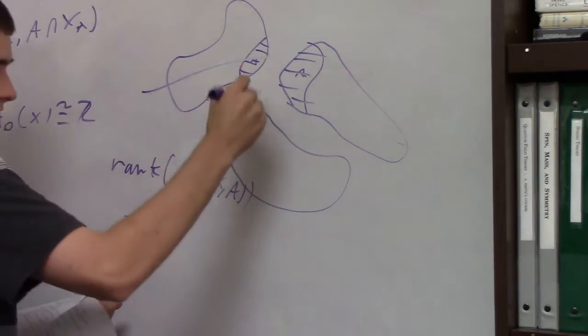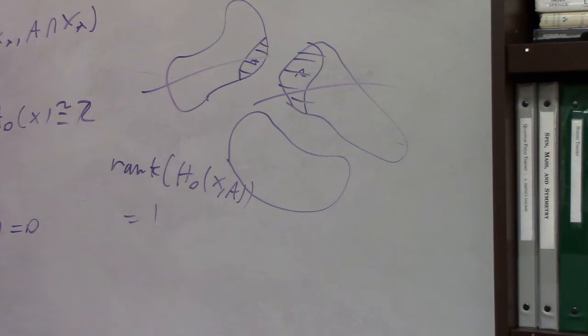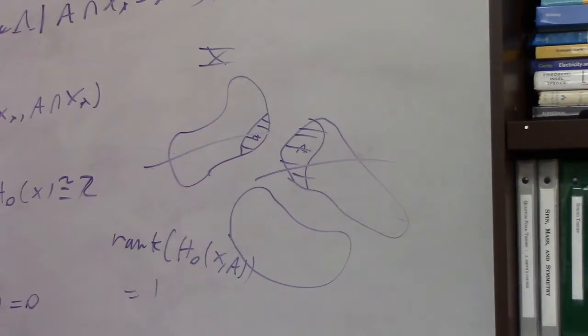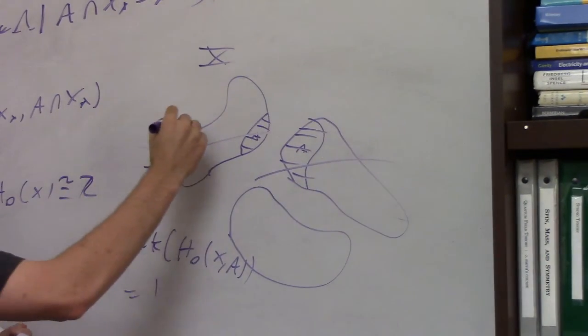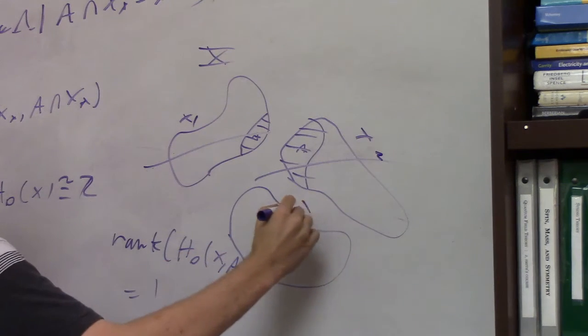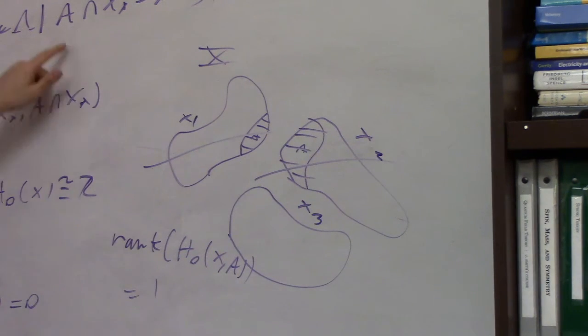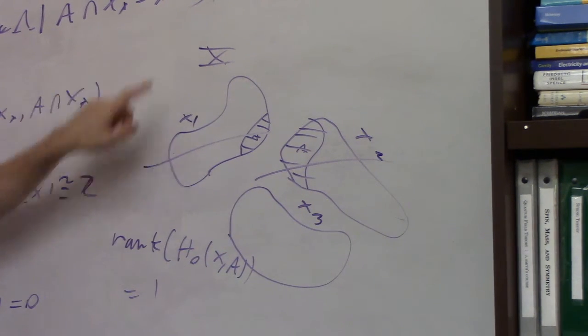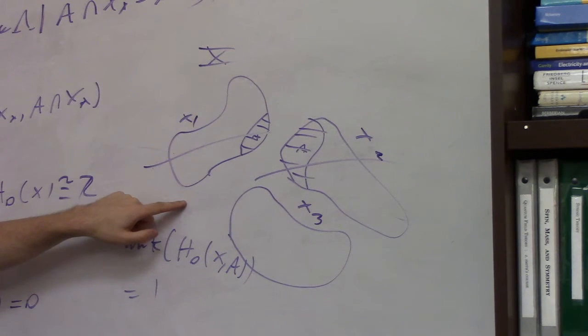Because A gets path connected to everything else there. It doesn't have these two path components; X1, X2, X3 do not have an empty intersection with A.